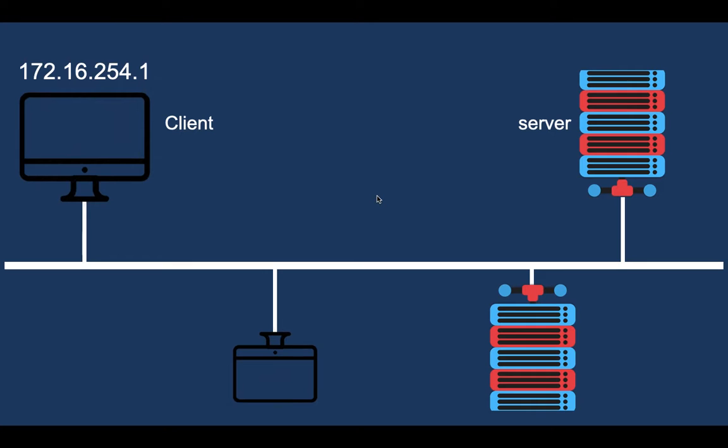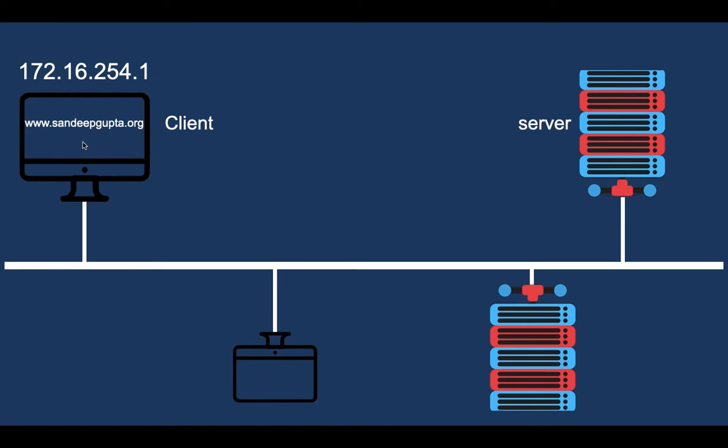But here is a problem. The problem is that there are millions of websites, and for a human being it is not possible to remember these numeric IP addresses. So that's why every website has an associated domain name. I repeat, domain name. Now you must be wondering what is this domain name? This domain name is nothing but the website address which we type in our browser address bar.